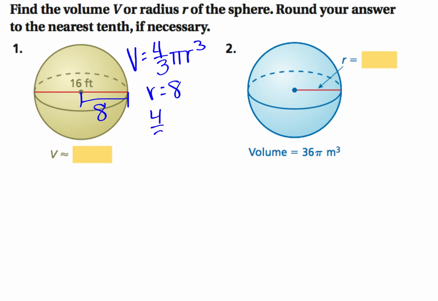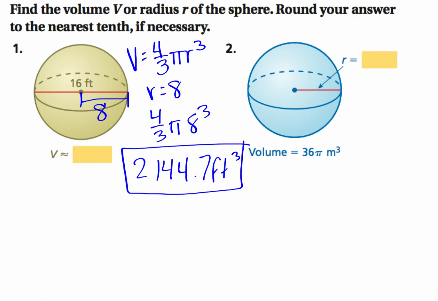So this is 4/3 times pi times 8 to the 3rd power. And that is 2,144.66, which will round to 2,144.7, and this is feet cubed.